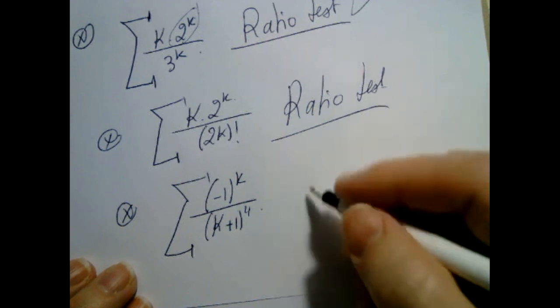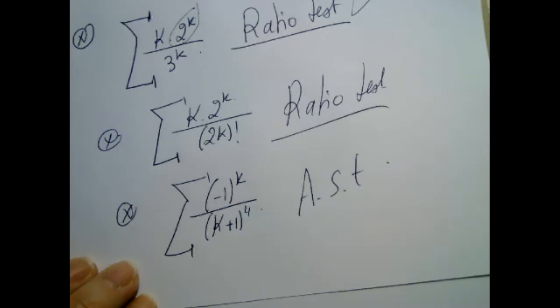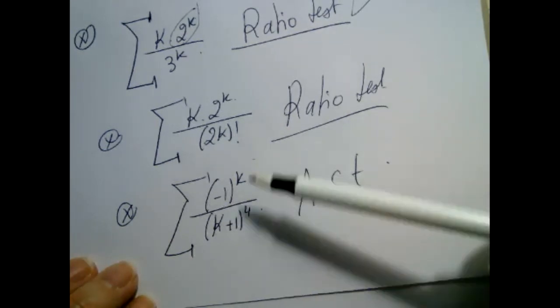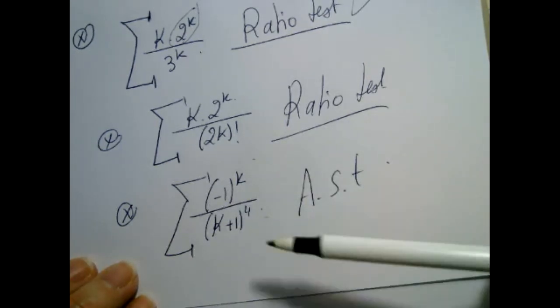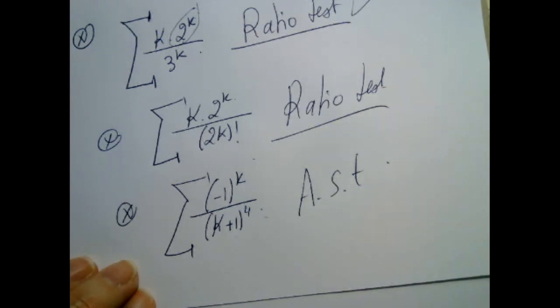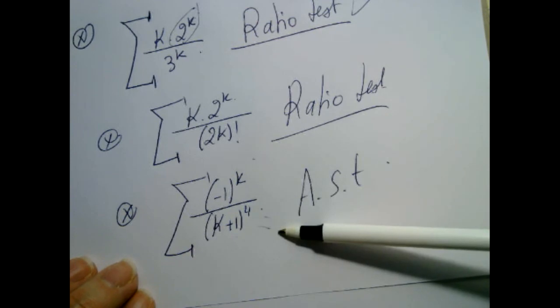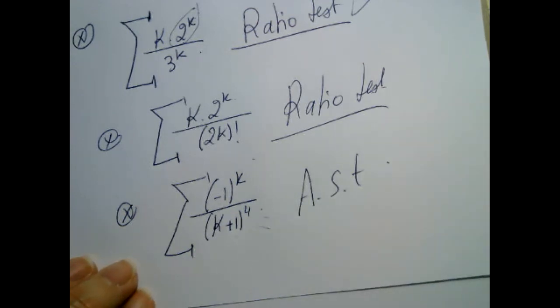Alternating series test. That's not hard because you have negative 1 to the k divided by k plus 1 to the power 4. This is obviously alternating. It's not like sine k, where we have no idea what's happening. Absolutely alternating. Both conditions of the alternating series test will be satisfied.